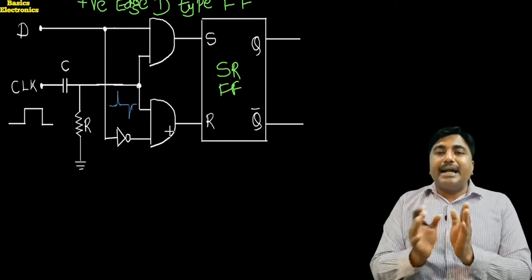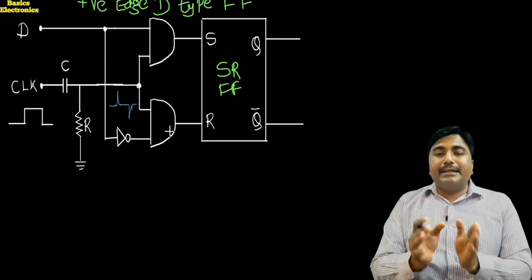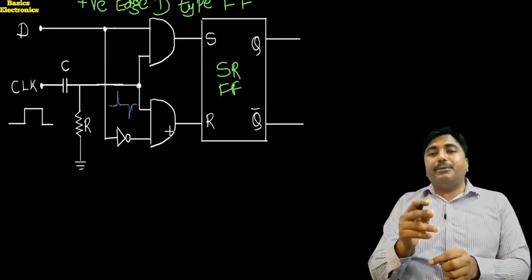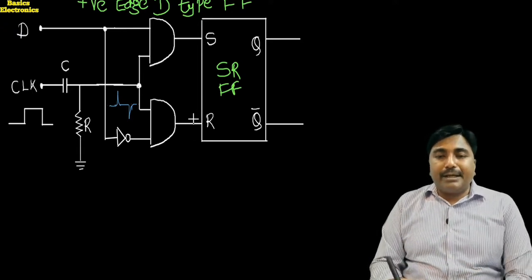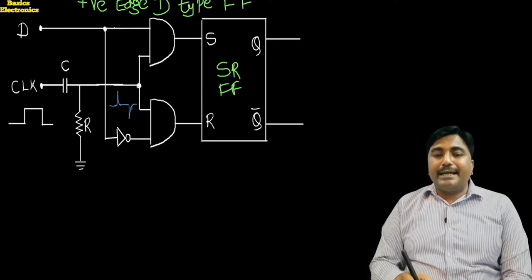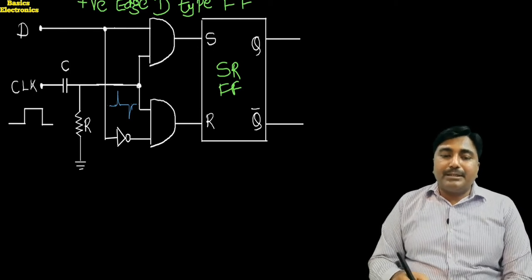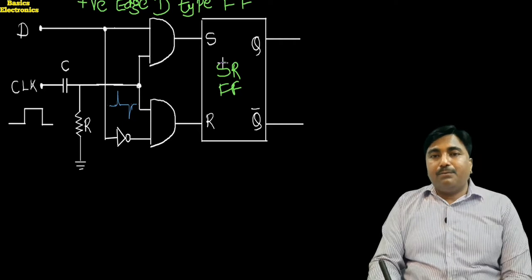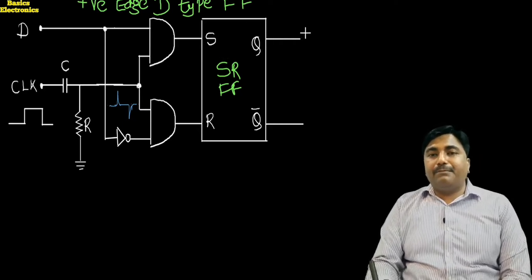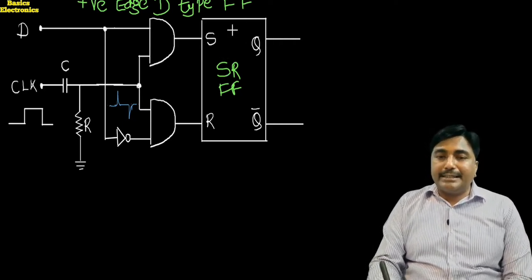Then we use one additional circuit, that is an RC differentiator, to convert it into the edge triggered D-type flip-flop. Okay, so here we have the RS flip-flop, or you can say the SR flip-flop. First we see the functioning of the SR flip-flop, and then we see what kind of output we get if we convert it into the edge triggered flip-flop.